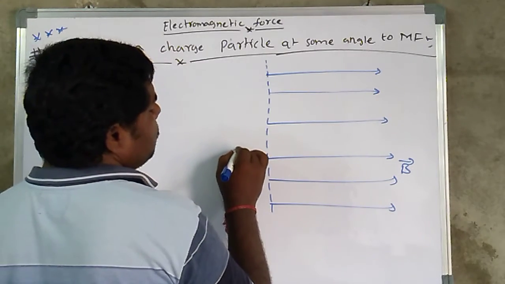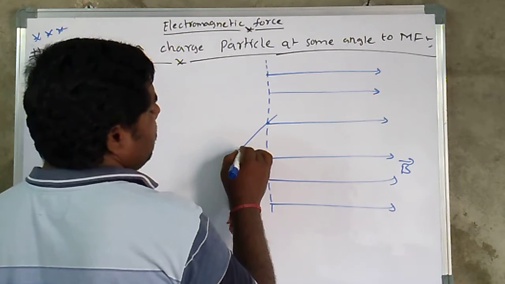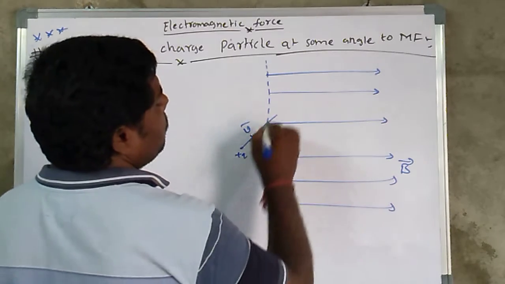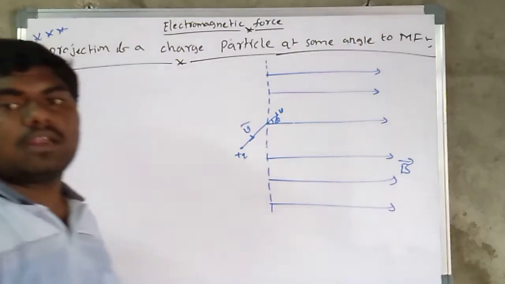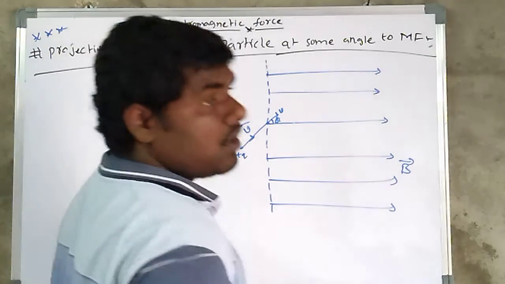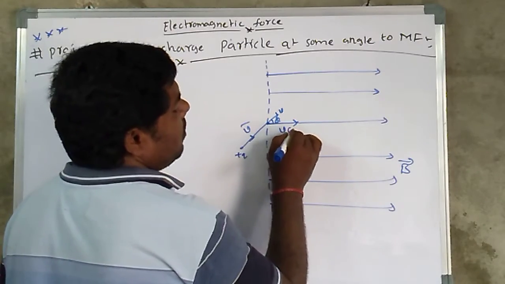So here the positive charge enters the magnetic field. This is a positive charge moving with speed v, making an angle theta. Whenever it makes an angle theta, you resolve components: along this direction v cos theta.